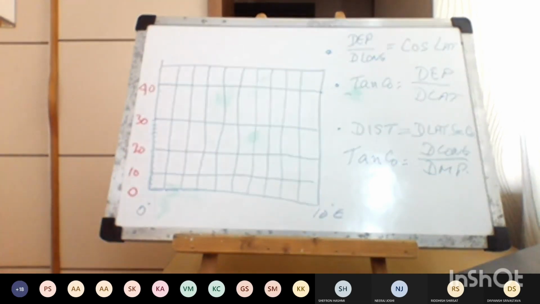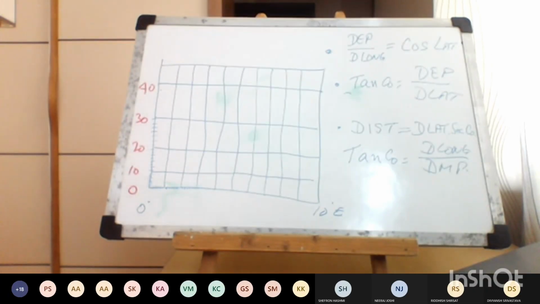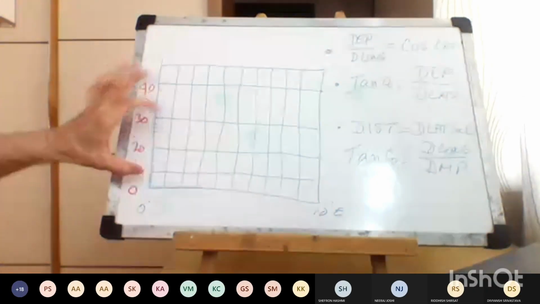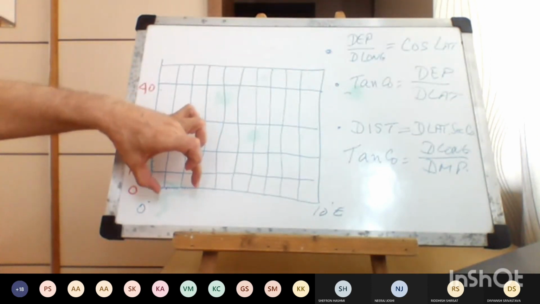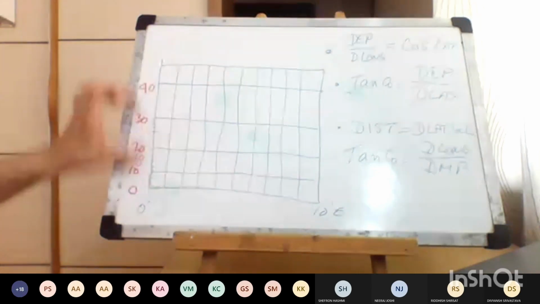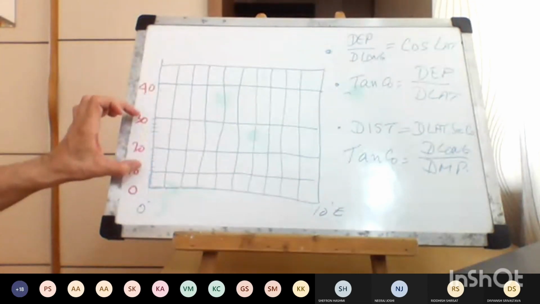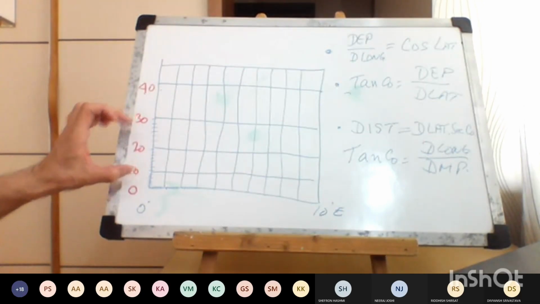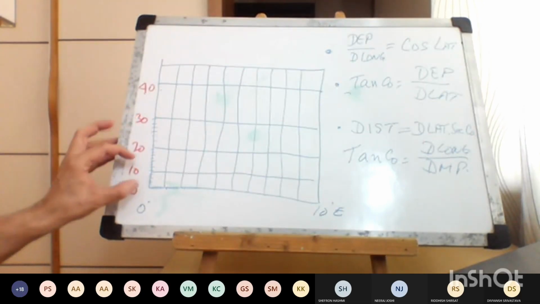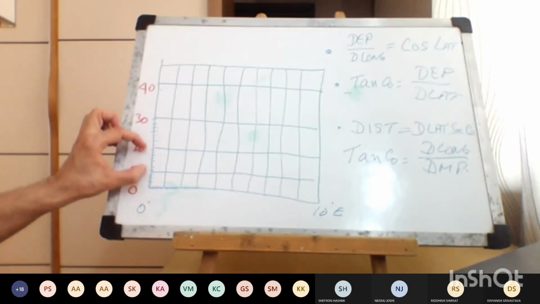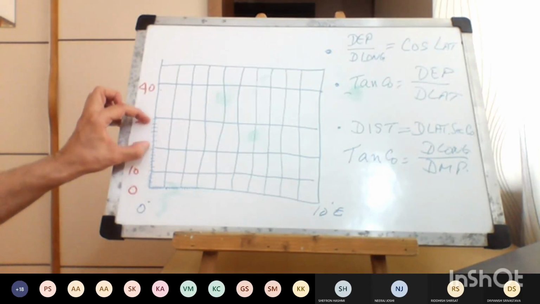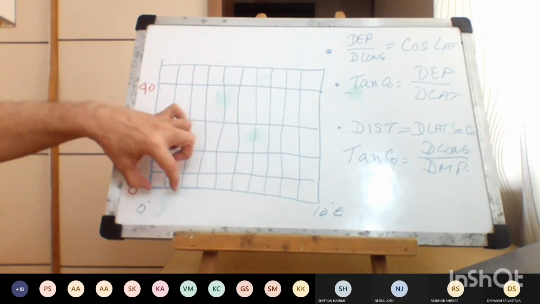So the meridional parts, what we are saying, the distances were used by the latitude scale, but if I use this scale to measure the latitude, then I call it the meridional parts. So the number of meridional parts from 0 to 10 will be less than the meridional parts from 10 to 20. 10 to 20 will be less than 20 to 30 if I use this scale.